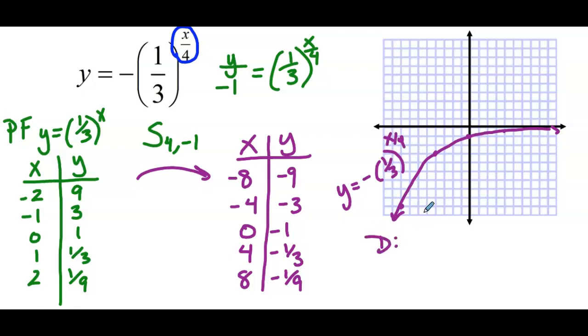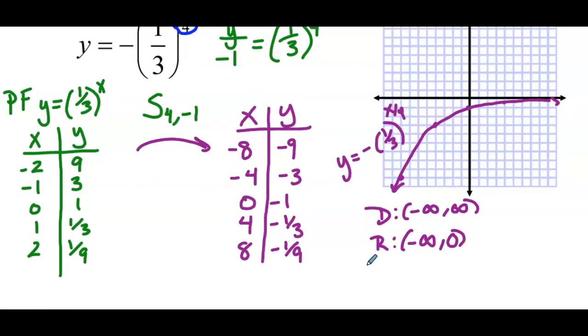Domain. So that's all reals, -infinity to infinity. Our range, well, because we reflected over the x-axis, our range is now going from -infinity all the way up to 0. So our range is -infinity to 0.